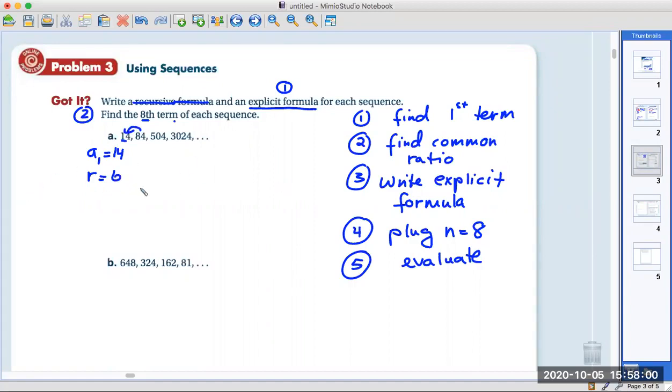Write the explicit formula. So we have the first term times the common ratio to the power of n minus 1. If you want, you can put a sub n, which gives you the answer. You don't have to. Then we're going to plug in 8 for n.